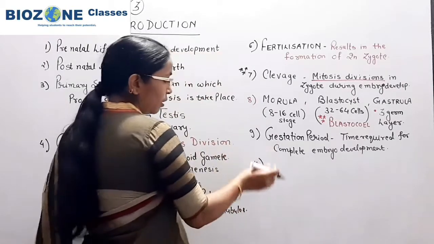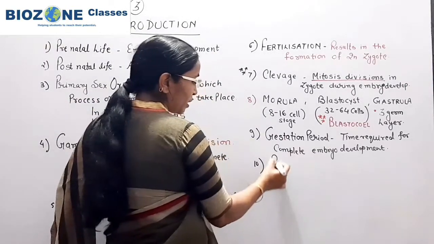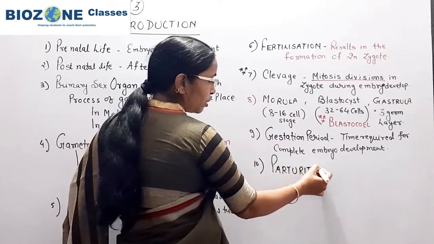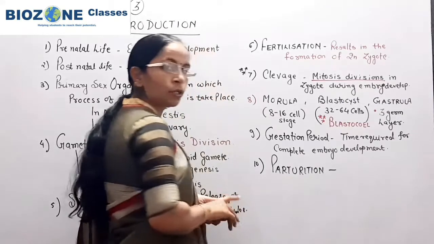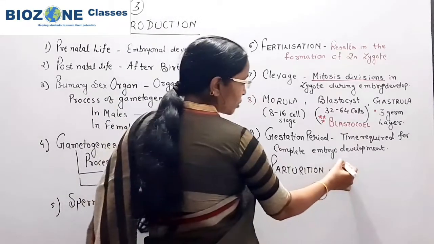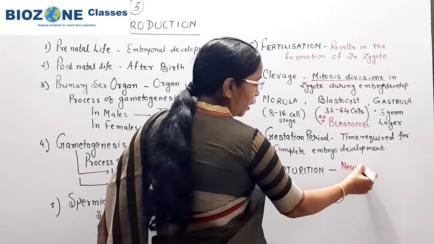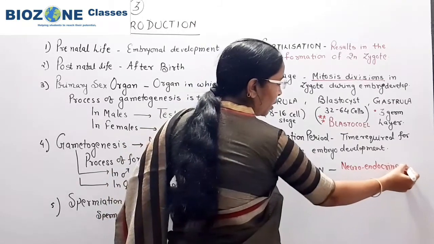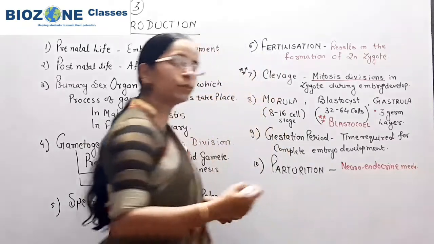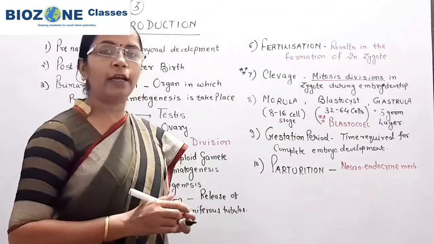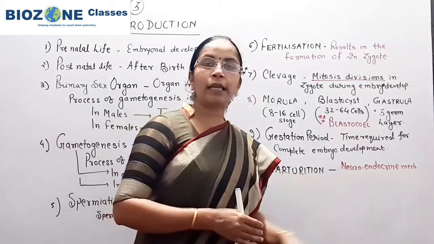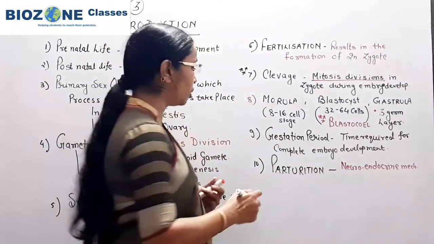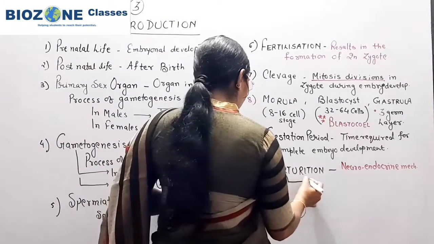Then another process takes place, called parturition. Parturition, you remember, is a complex neuroendocrine mechanism. Remember this part: it is a neuroendocrine mechanism, because the pituitary gland, the nervous system as well as the endocrine gland system are equally responsible for the process of parturition.